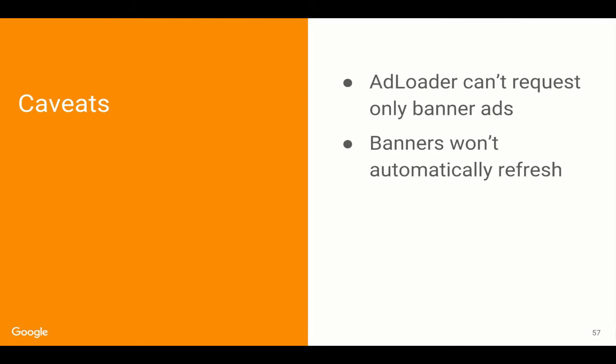Second, the ad loader won't automatically refresh the banner ads. This is because the ad loader API isn't designed to fetch a single ad format. The native ad format will not refresh either. The expectation is that you will decide when you want another ad and then call the ad loader to load another ad yourself.